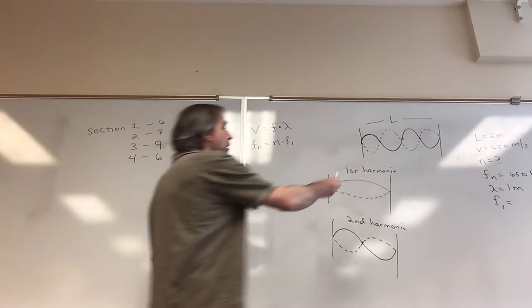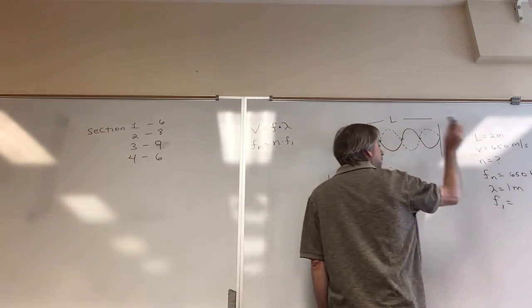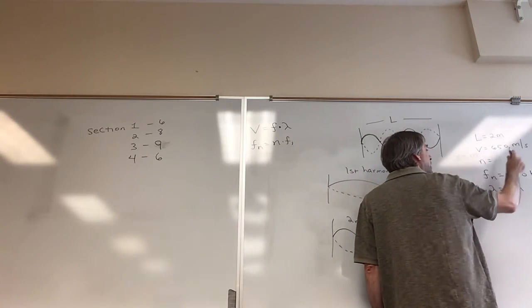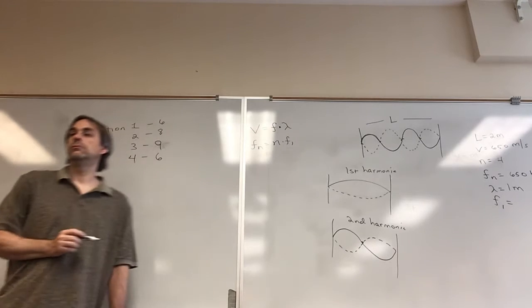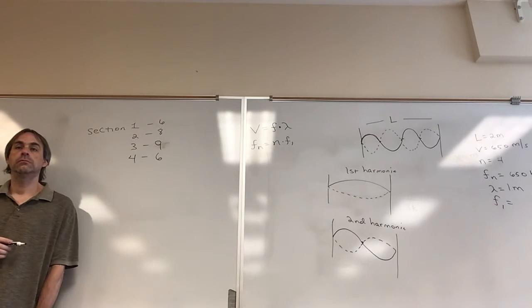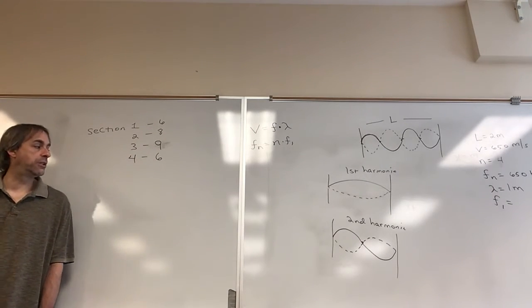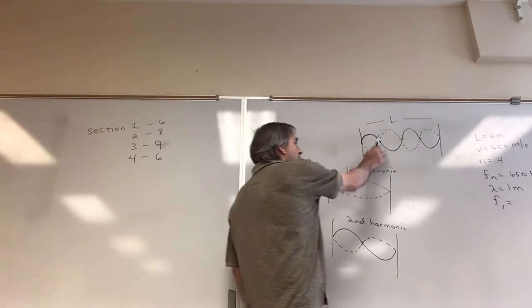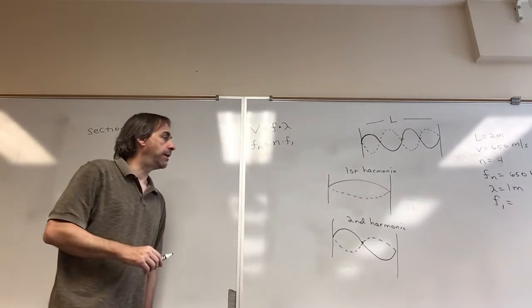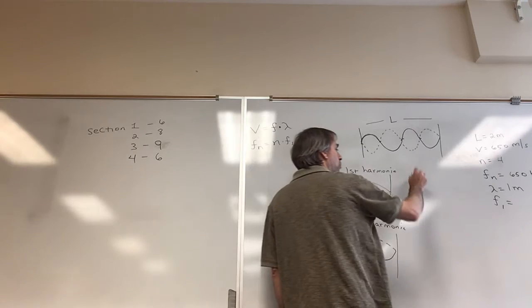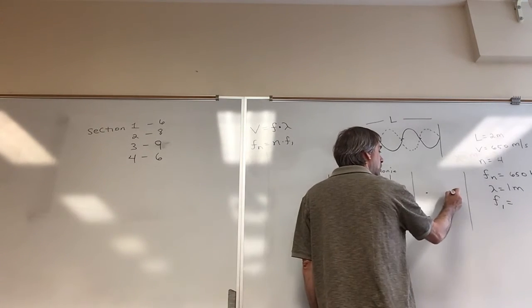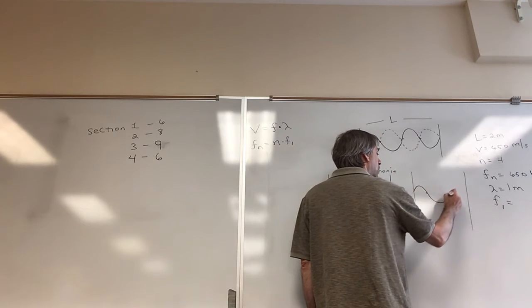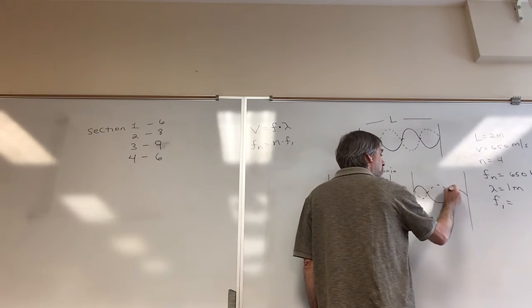So we have 1, 2, 3, 4, 5. So yeah, you were right. This is the 4th harmonic. Or you could just keep drawing pictures until you get this one. Here we have 2 interior nodes for the 3rd harmonic.